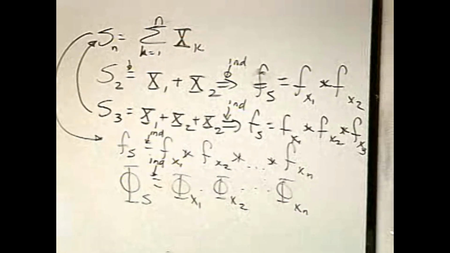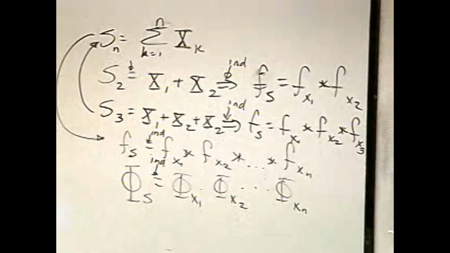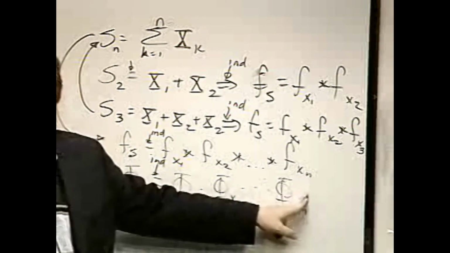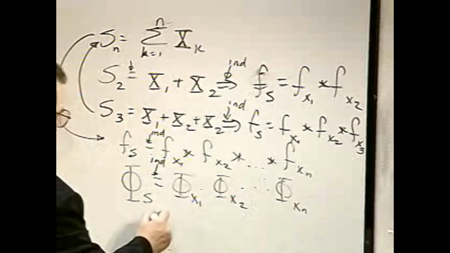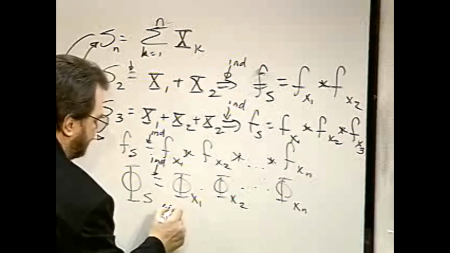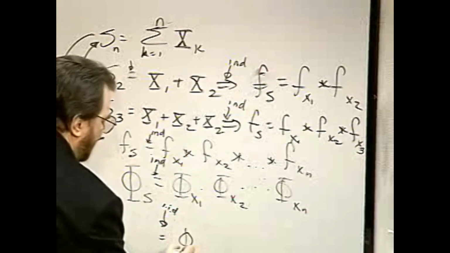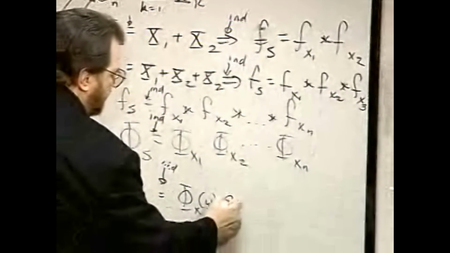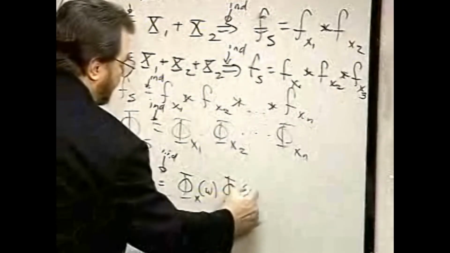Now, if each one of those is an independent random variable, then each one of these is exactly the same. In other words, if they are not only independent, but identically distributed, then phi of x1 is phi of x, and phi of x2 is also phi of x. Why?